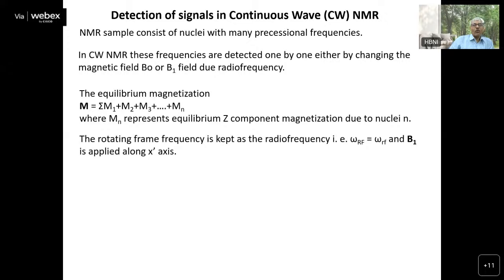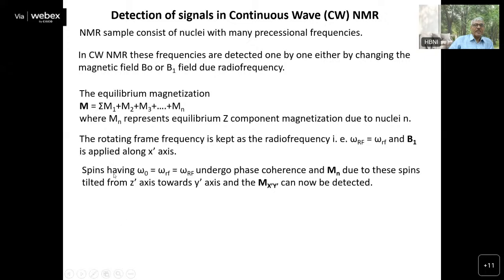Now, what you do is keep the rotating frame frequency the same as the radio frequency. So your omega rotating frame is equal to omega radio frequency, and B1 is now applied along the x prime axis. So B1 is static along the x prime axis.